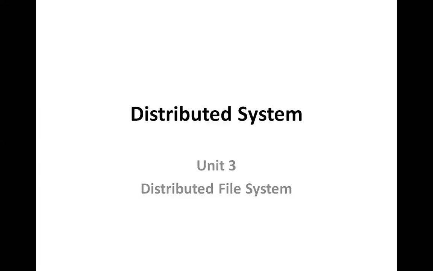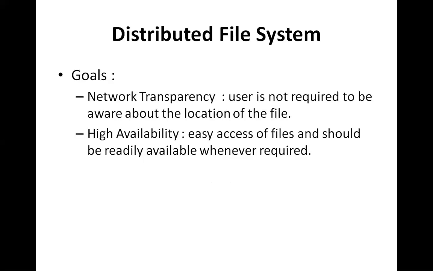Before we go into the detail, we have two very important goals which are associated with the distributed system. The first one is network transparency, and the second one is high availability. These are the primary goals of the distributed file system.